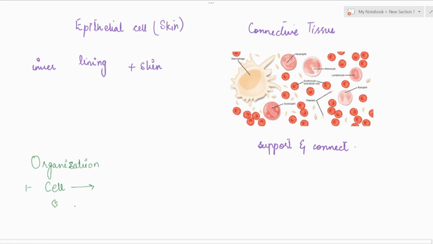Similar cells that have the same function group together to make a tissue. Now similar tissues group together to make an organ. Related organs group together to make an organ system.